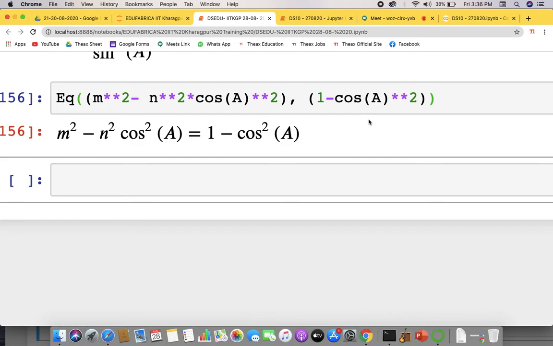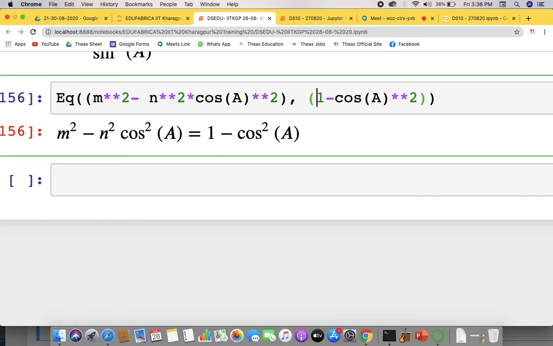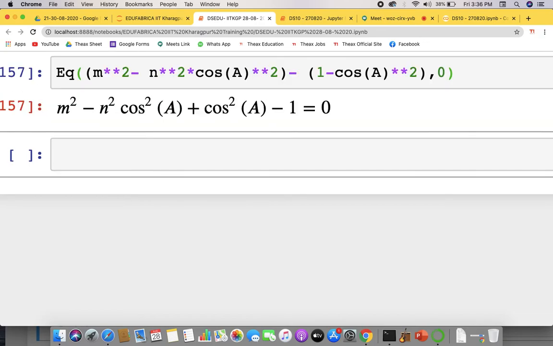So if we just take the cos as the common one, or if we just take it to the left hand side, the right hand side would be 0, that is, the equation would be formed, this would be just removed and would be done just minus. This would be equals to 0, isn't it? Like this, n square cos square a minus of 1 plus cos square a. So are you getting the equation to be this?